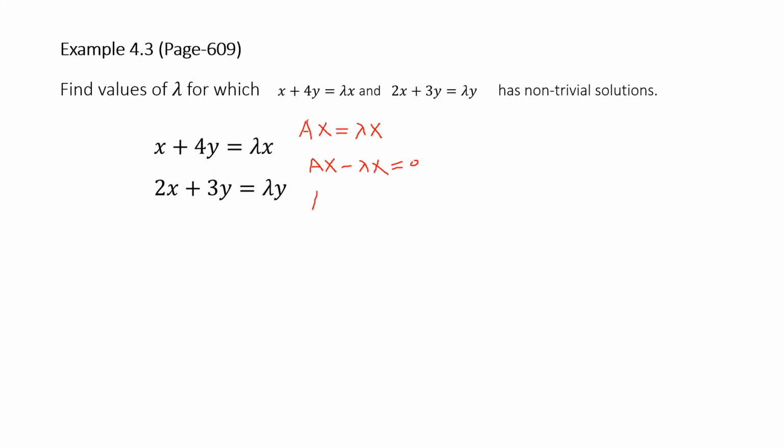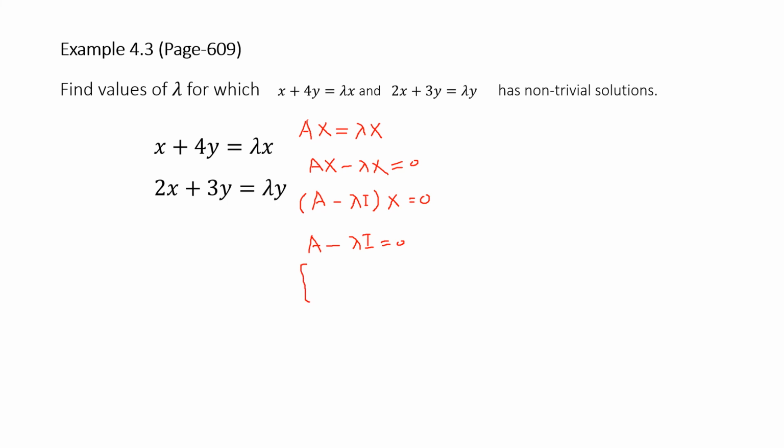If we take matrix x common, it will be A minus lambda I, where I is like 1, so when you take x outside, you write I for that. Then for a non-trivial solution, the determinant of A minus lambda I will be equal to 0.